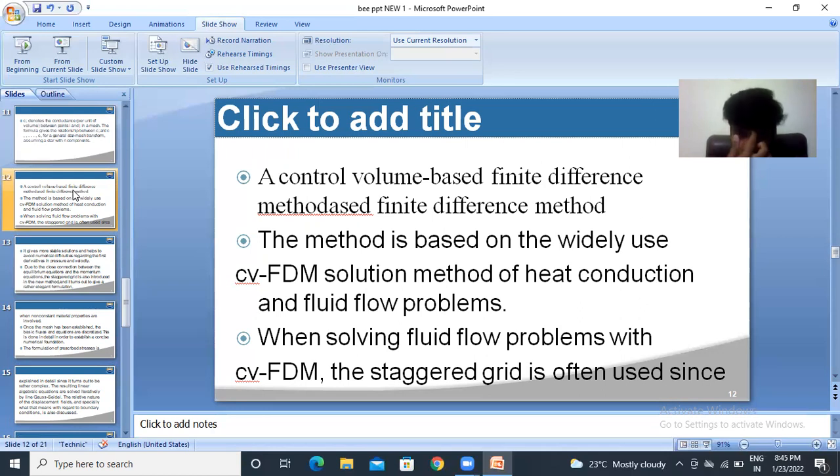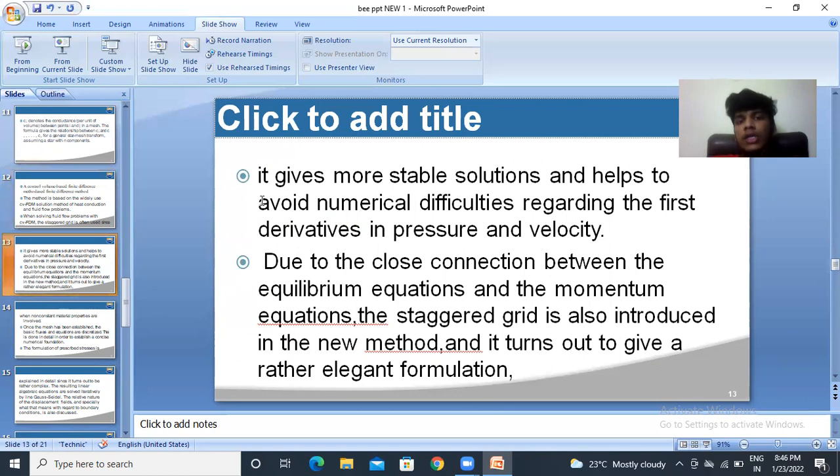Now, when we are solving fluid flow problems with the finite difference method, with CVFDM, the staggered grid is often used since it gives more stable solutions and helps to avoid numerical difficulties regarding the first derivatives in pressure and velocity.